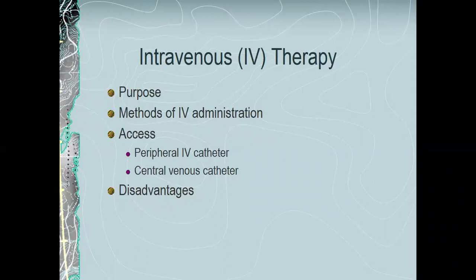As we've said, it's going to be your fastest action, 100% bioavailability, and so things can get bad fast. And there's not an easy way to undo what you've done after you've administered an IV medication. It also poses a risk to nurses because there is the risk of blood exposure.